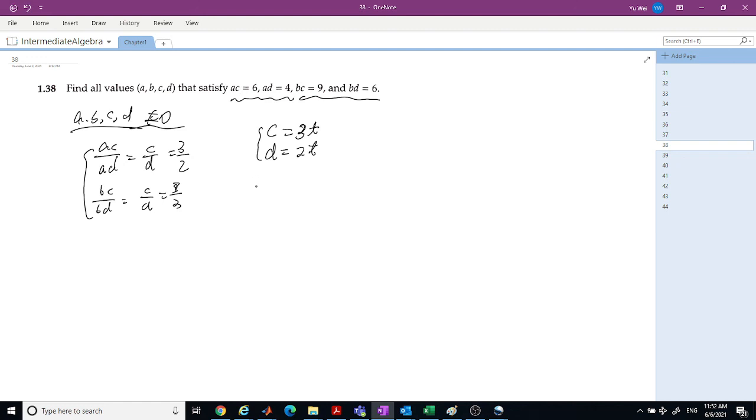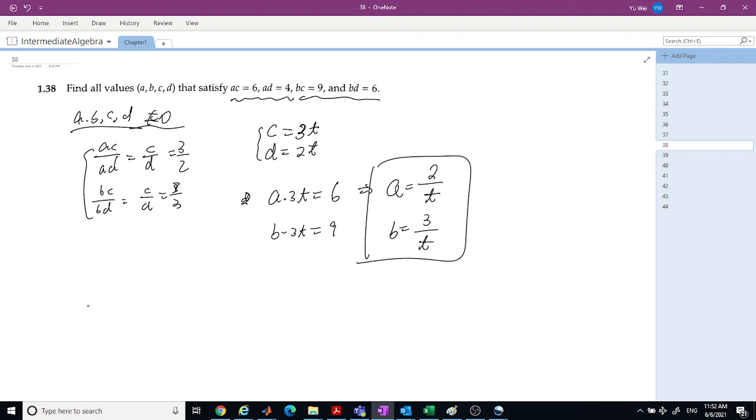Now what we can do is AC is A times 3t equals 6. Then B times 3t equals 9. So we can say A equals 2 over t and B equals 3 over t, right?